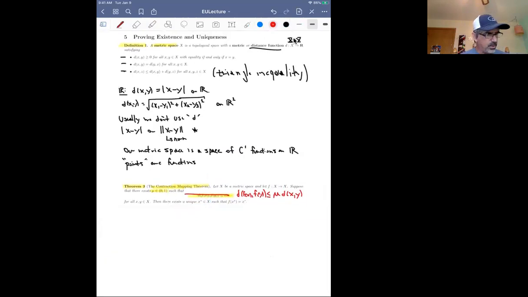It says, then there exists a unique x star in X such that f of x star is equal to x star. That x star is called a fixed point. So let's think about the hypothesis. The distance between f of x and f of y is less than mu times the distance between x and y. Remember, mu is less than 1. So I start off with any 2 points in that space.